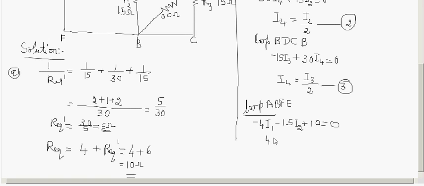4 I1 plus 15 I2 equal to 10. Equation number 4.